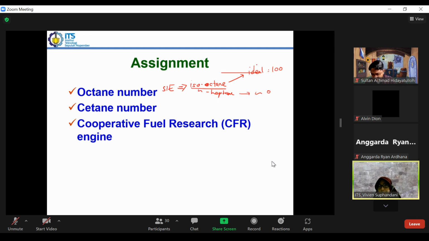We will discuss that as well, with a brief explanation. For now we will keep on that first. The first question we will discuss later, because we still discuss gasoline engine or spark ignition engine. So we will look at the explanation here.